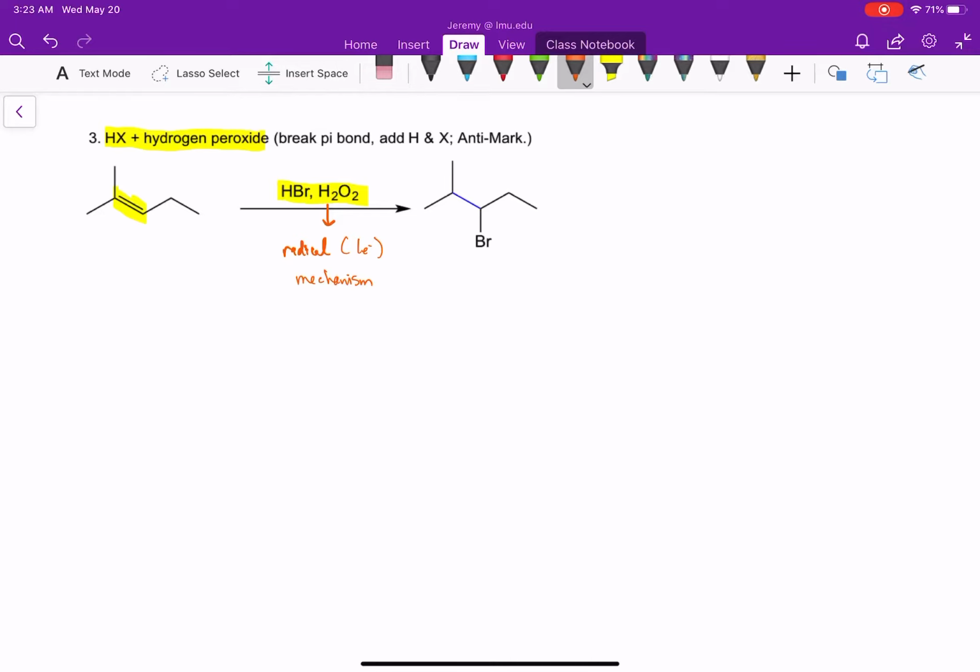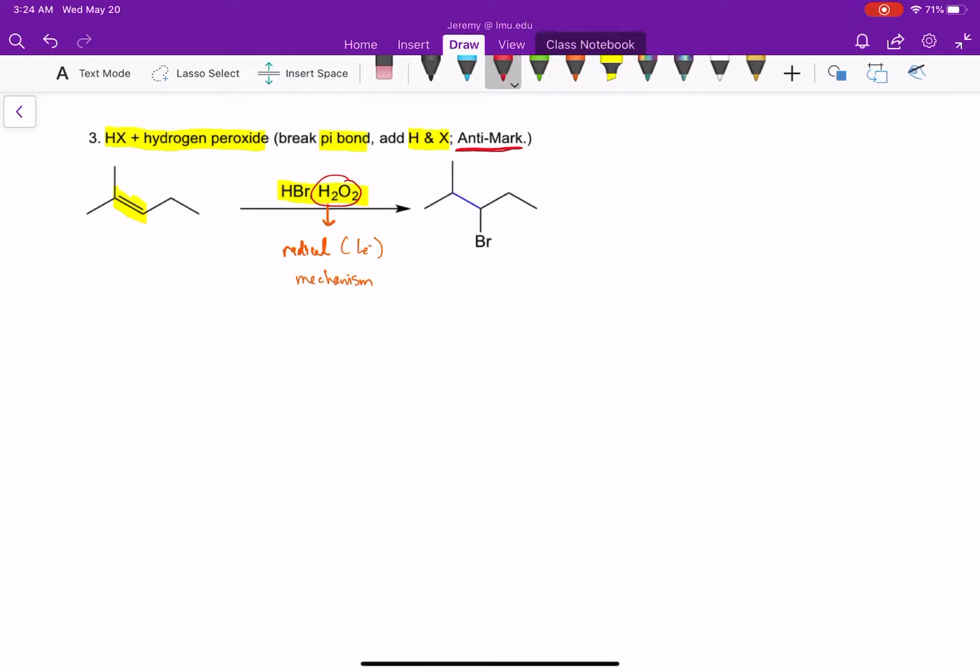So what we really need to know, though, is what are we doing? What are we adding? So again, as an alkene addition reaction, we're going to break the pi bond, not the sigma, break the pi bond. Again, we're going to be adding the H and the X. But what's important here is this little addition of H2O2 means we're now going to add the bromine to the anti-Markovnikov position.